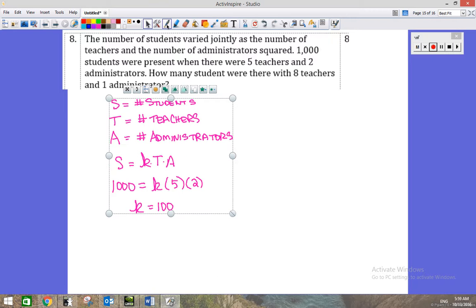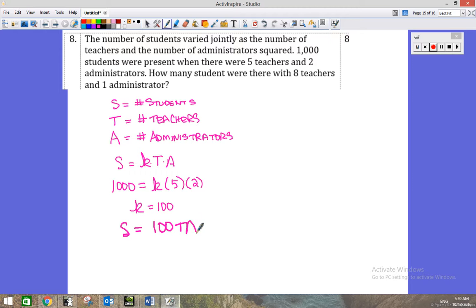So then it asks us to use our model, how many students if there were 8 teachers and 1 administrator? 800 students, right?